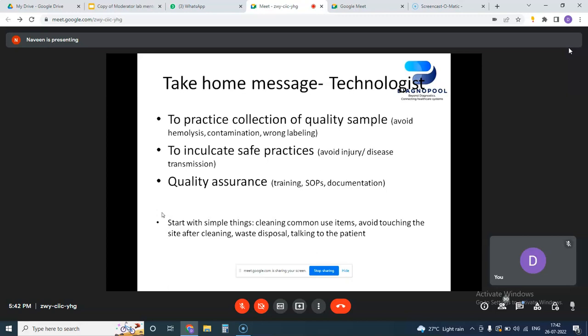Avoid touching the site of the needle introduction after you clean the area with the alcohol. And always follow the waste disposal according to the color coding, and practice talking to the patient before the phlebotomy and during the phlebotomy so that patient comfort is maintained, and that can also help you to improve the quality.